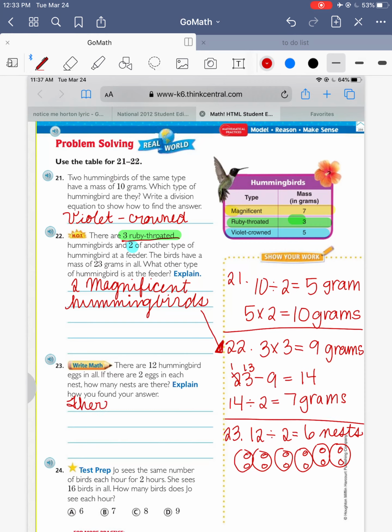So there are 6 nests because 12 divided by 2 equals 6. And that's a way to explain the problem, which is what we did over here. So remember how I said your explanation is also just your work over on the side. So we just did 12 divided by 2 is 6 over on the side.